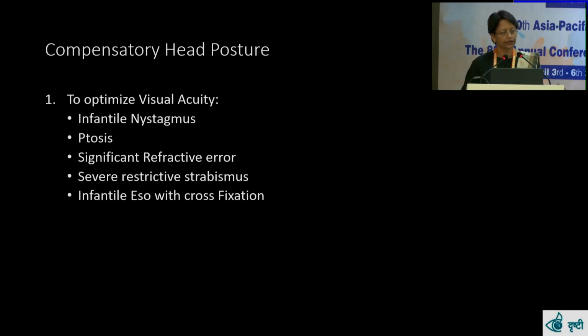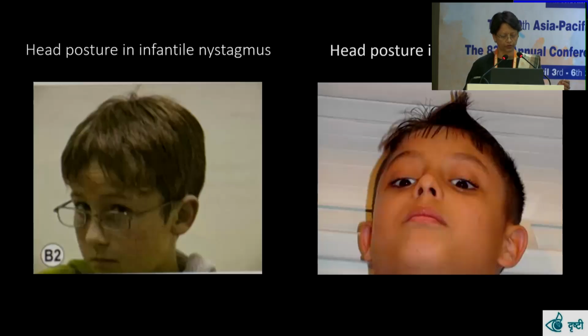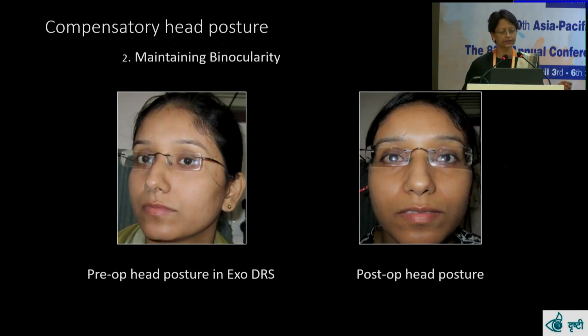The compensatory head posture is to optimize the visual acuity, as in infantile nystagmus, ptosis, significant refractive error, restrictive strabismus, or infantile esotropia with cross fixation. So these are the head postures in various infantile nystagmus or bilateral ptosis.